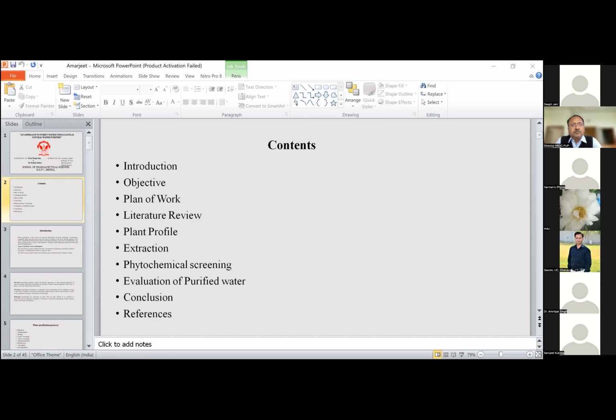So this is a normal practice in most of the Jain families, and from that thing only it struck my mind that there must be some property in clove which is maintaining the quality of water. वो क्लोव में और कुछ नहीं हो सकता है, but it has antimicrobial activity only.